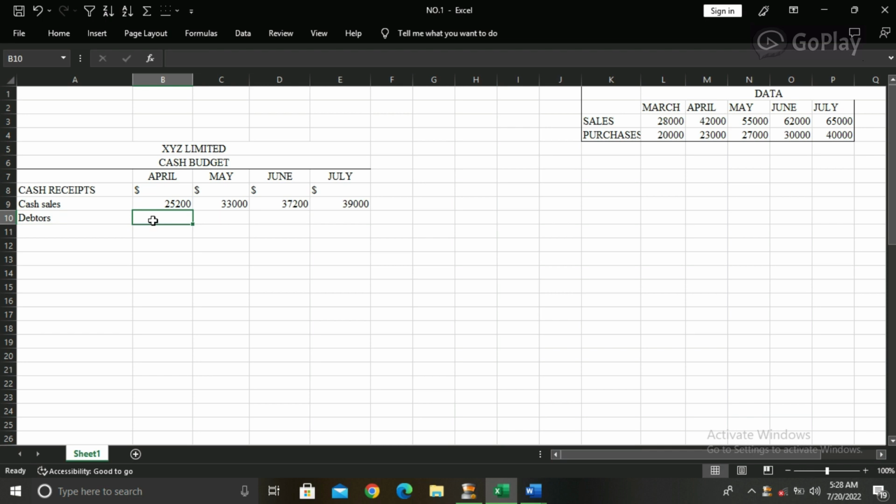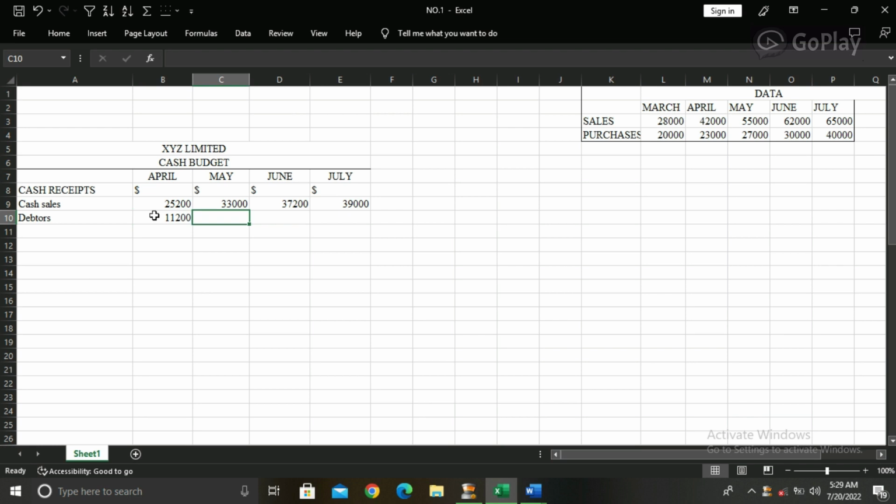So 40% of March sales will be collected in April. So 40% of 28,000 will give us 11,200. Then 40% of April sales will be collected in the following month, which is May.